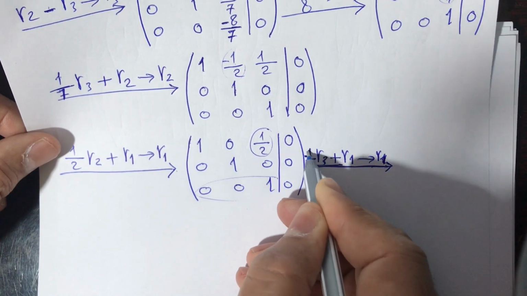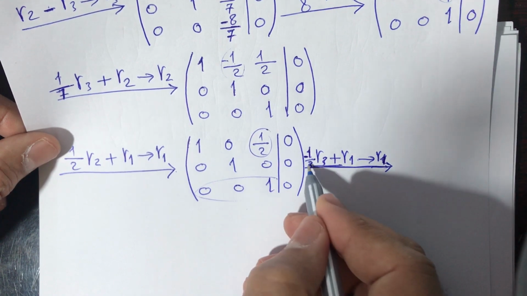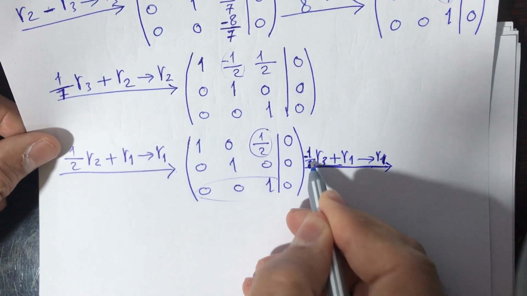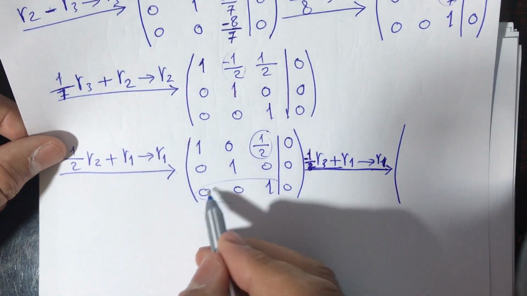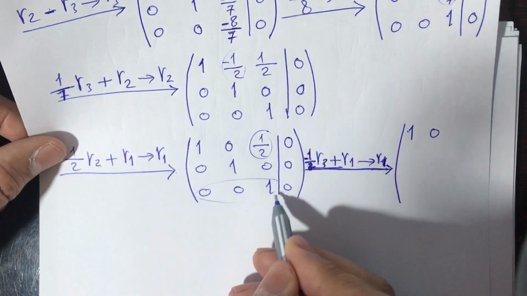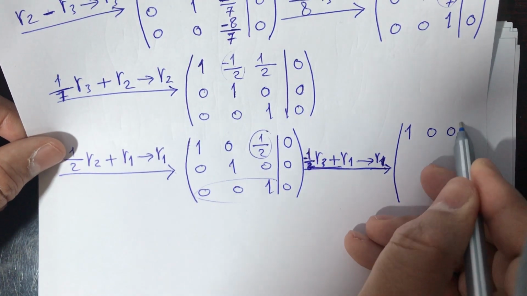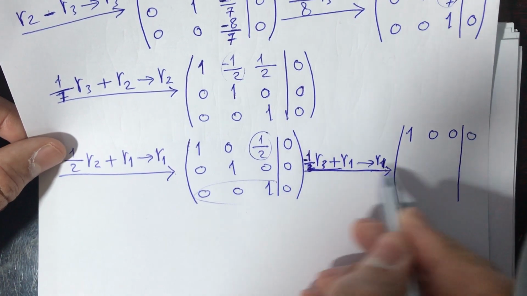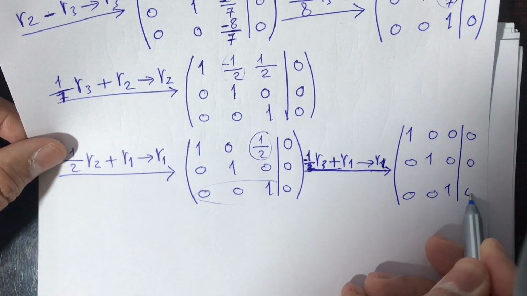This is minus 1 over 2. We get 0 plus 0 plus 1, 0 plus 0, 0 minus half plus half will be 0, and this is 0, and this is the same: 0 1 0, 0 0 0 1, 0.